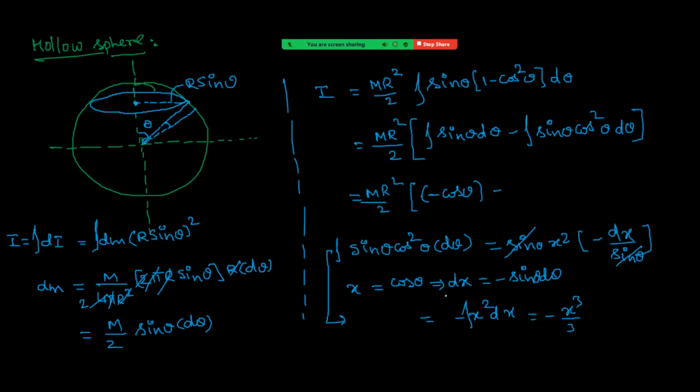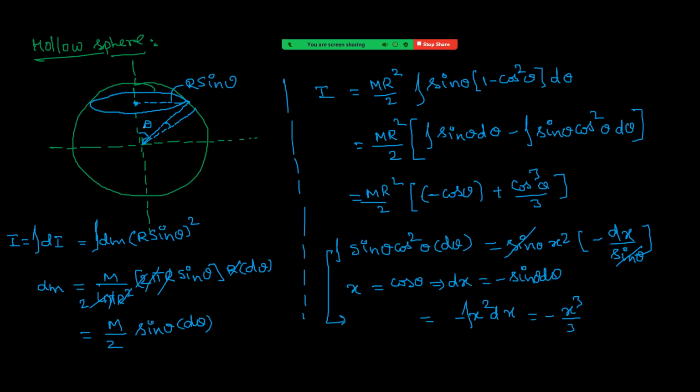Here x means cos theta. Minus is there, and we already have a minus here. Minus of minus is a plus, so plus cos cube theta by 3. So finally what we got: minus cos theta plus cos cube theta by 3.